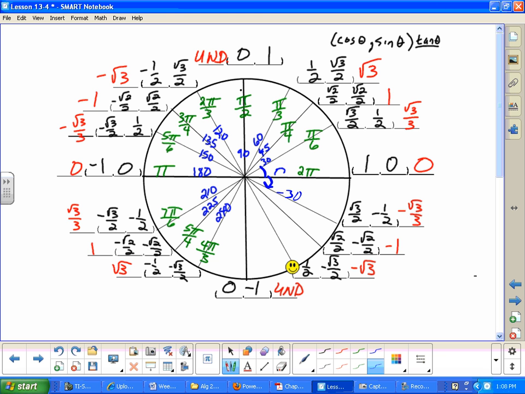So this is negative 45, negative 60, and negative 90, or negative pi over 6, negative pi over 4, negative pi over 3, and negative pi over 2.